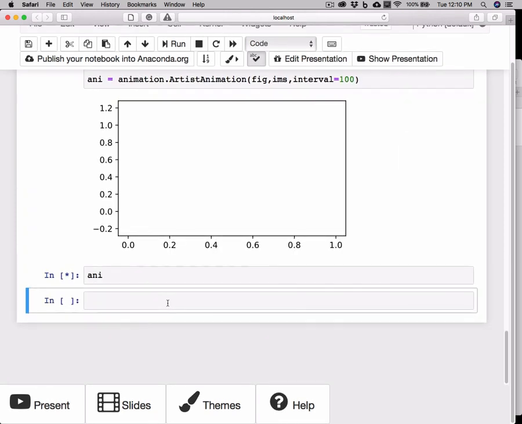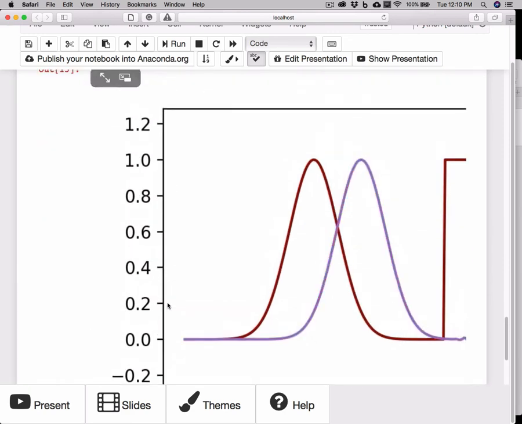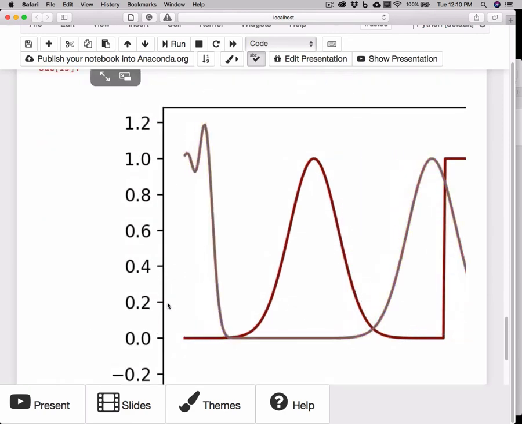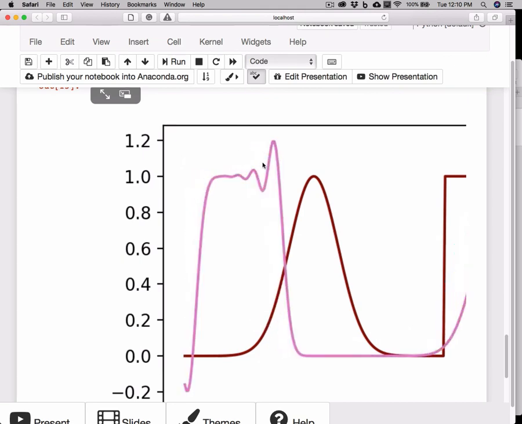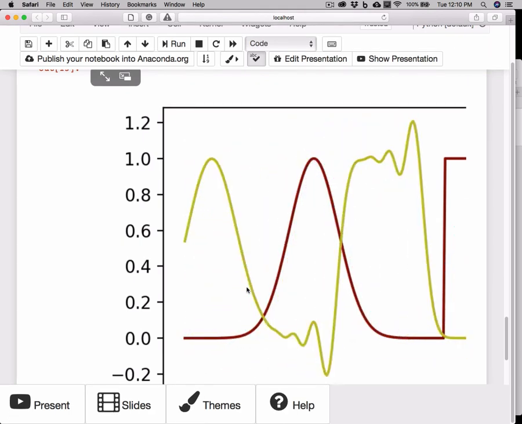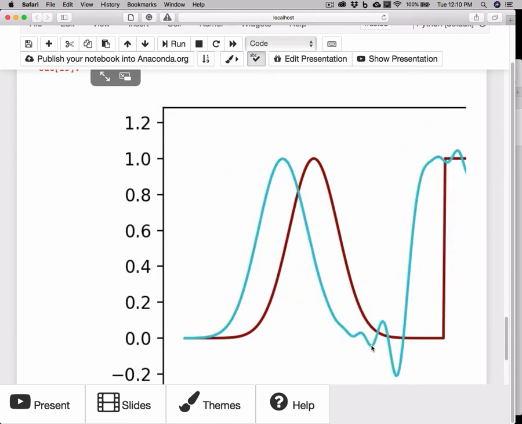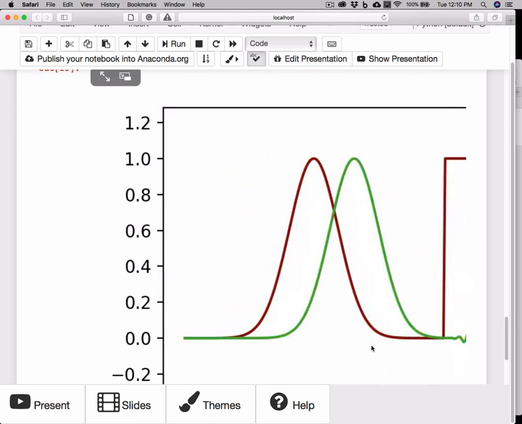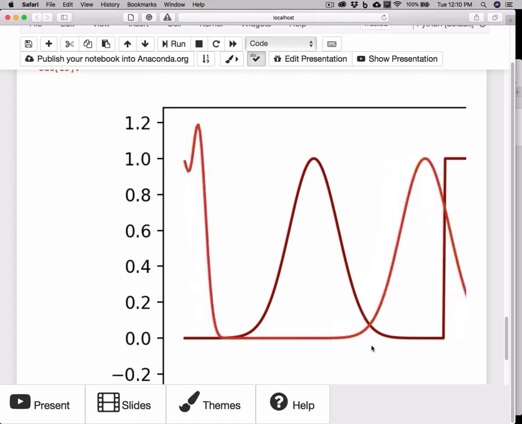Do an animation. You see the wiggles. They're on the upper right and the lower left. With the second order upwind, they were only on the lower right. Okay, so you see how K changes things, but you cannot get rid of these wiggles.